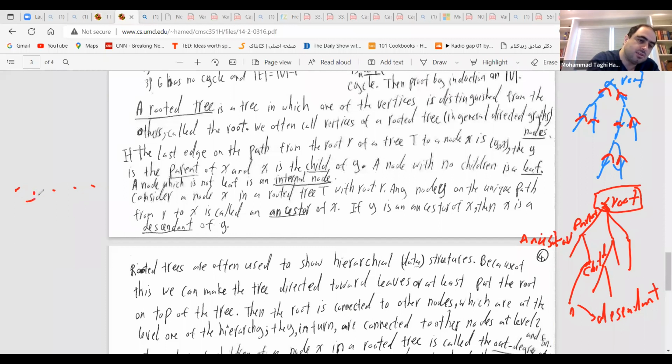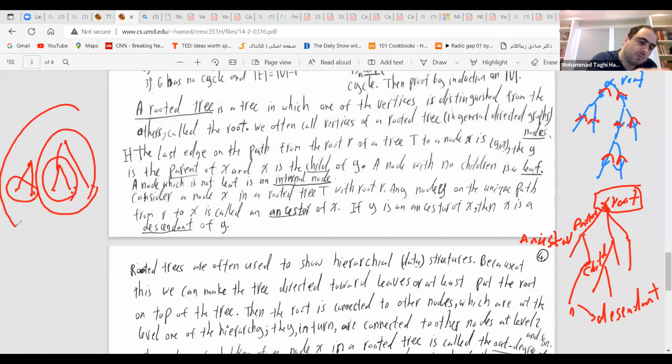And then maybe these two vertices form another cluster, and maybe these two guys together form another cluster, and all of them form another cluster. So trees are very good to represent hierarchical structures, and also these are very good for data structures.